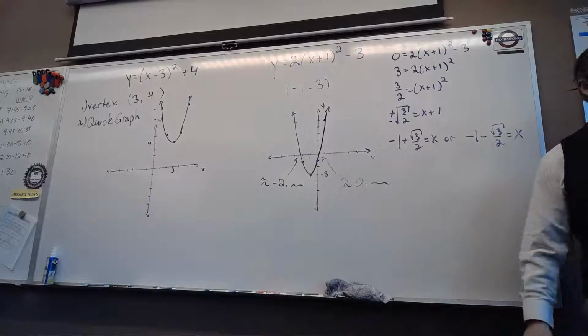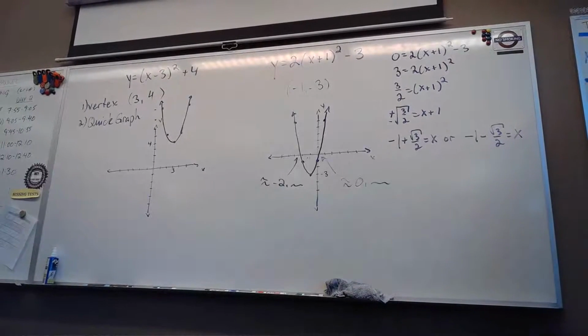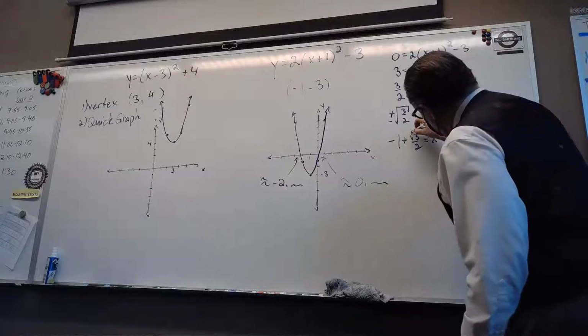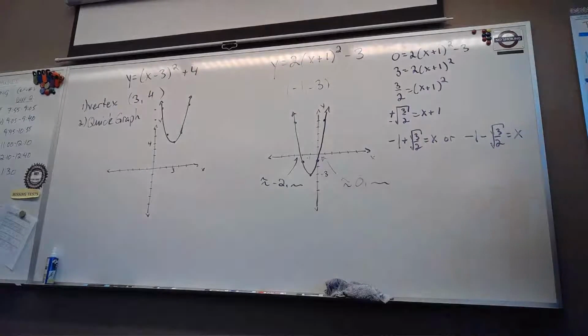Oh, look at that. There's my x-intercepts. And I could get out my calculator and type these in and find out, whoops, sorry, my bad. I could type this into my calculator and get the decimal if I wanted.